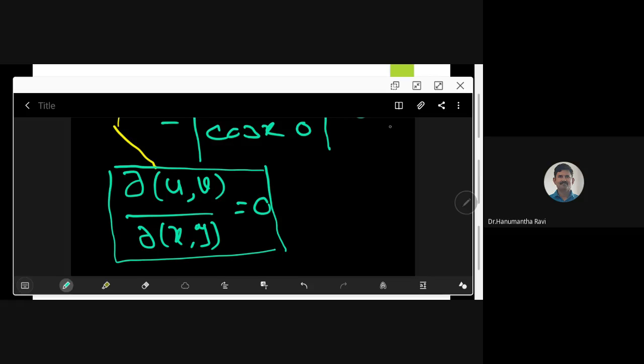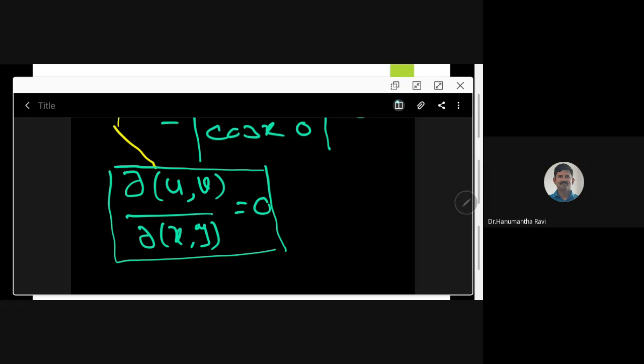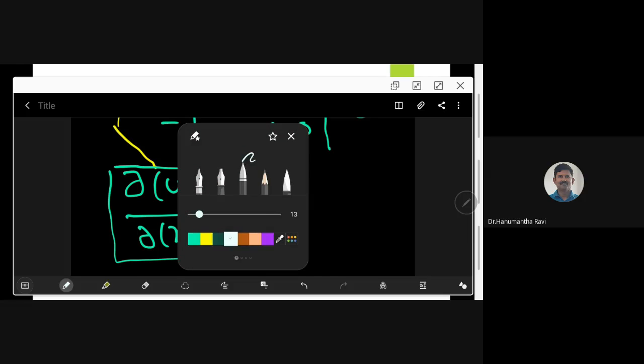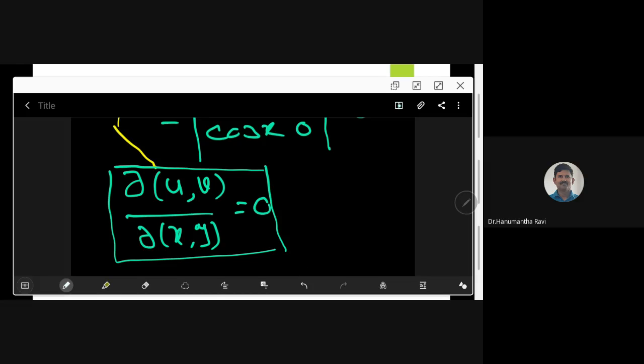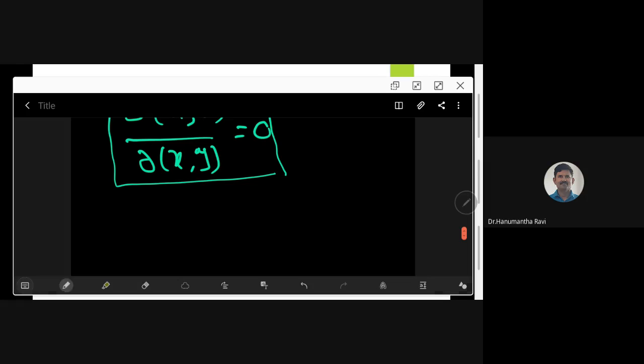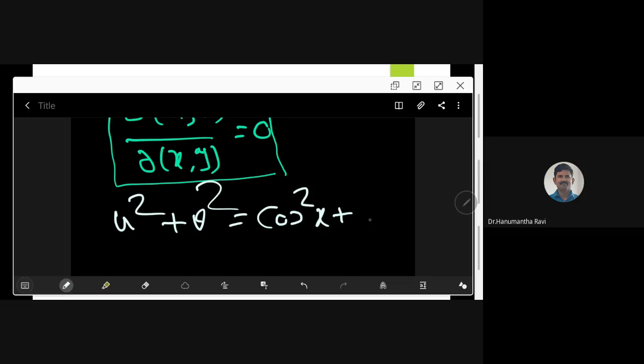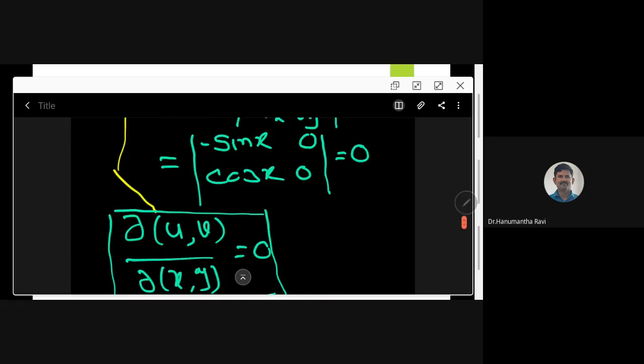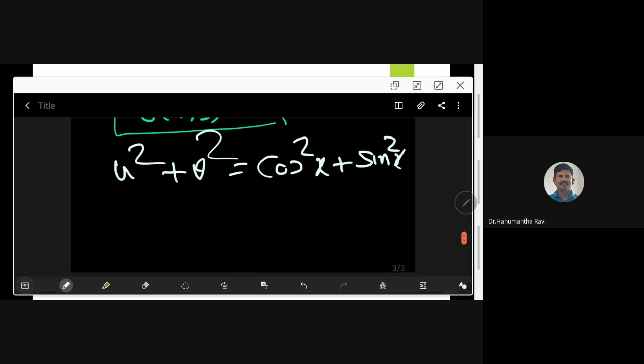One thing please see here. What is u squared plus v squared? u squared plus v squared is cos squared x plus sin squared x, since u is cos x and v is sin x. So from the trigonometric identity, it is 1.